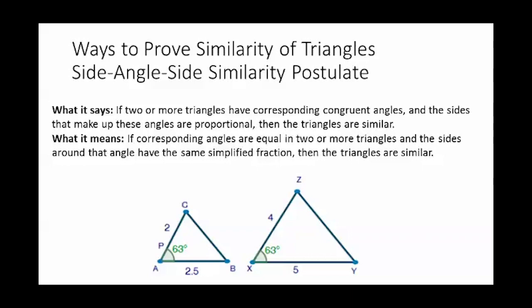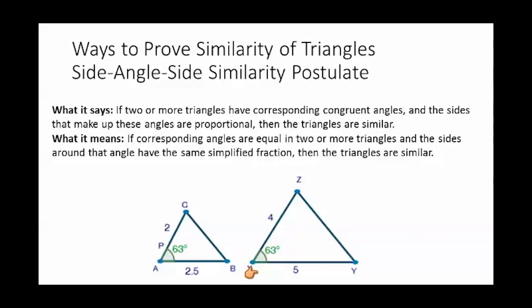Another way we can prove similarity in triangles is the side-angle-side similarity postulate. And that's going to tell us that if we have 2 triangles with the sides that are attached to the corresponding angle that is congruent, that we can show those proportions being the same of the corresponding sides, and therefore the triangles must be similar.